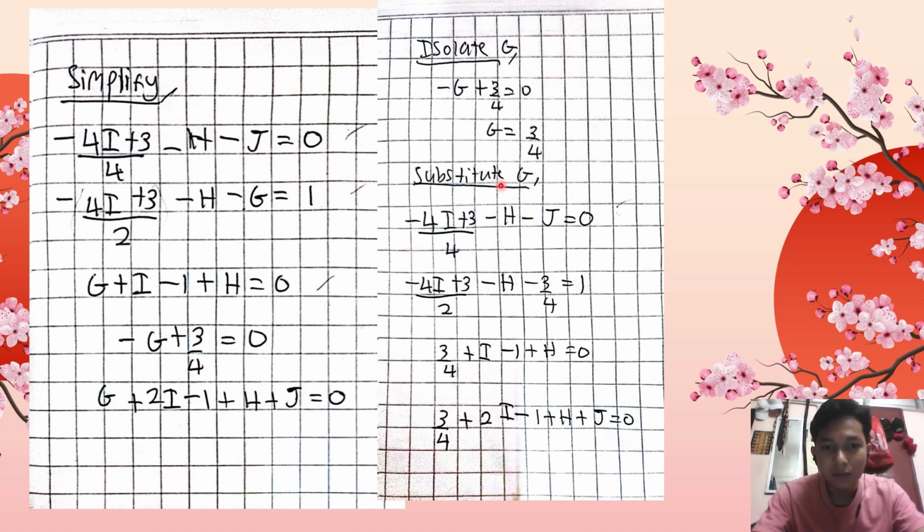Then we get negative 4i plus 3 over 4 minus h minus j equal to 0. Negative 4i plus 3 over 2 minus h minus 3 over 4 equal to 1. Negative 3 over 4 plus i minus 1 plus h equal to 0. 3 over 4 plus 2i minus i plus h plus j equal to 0.